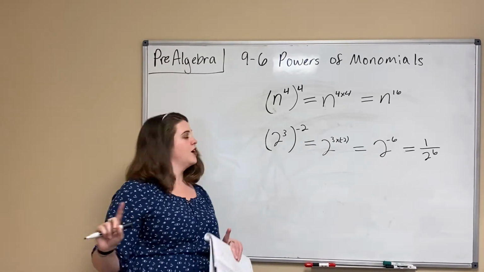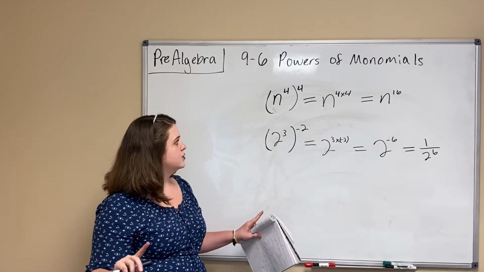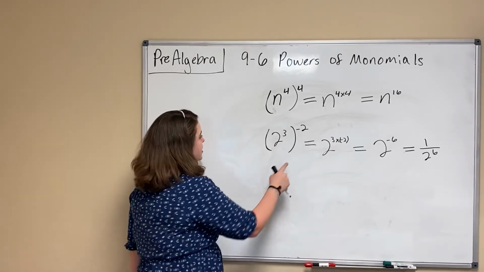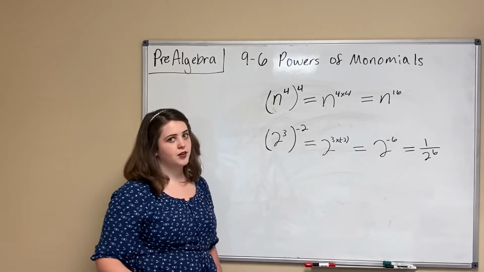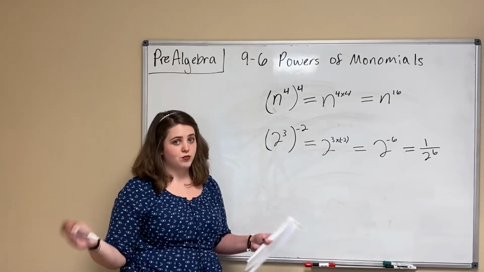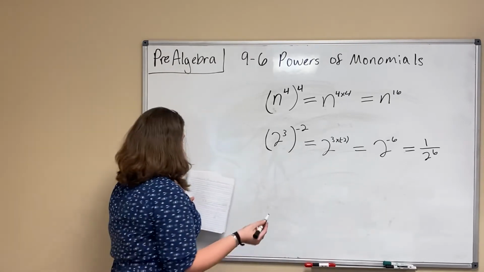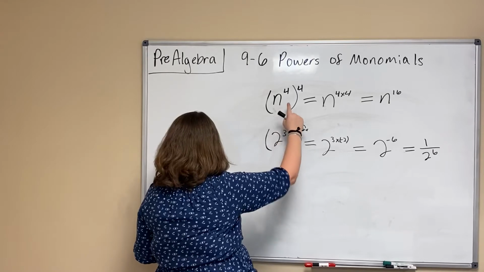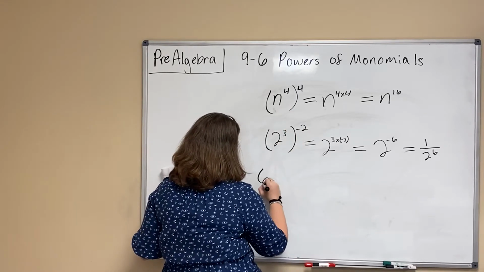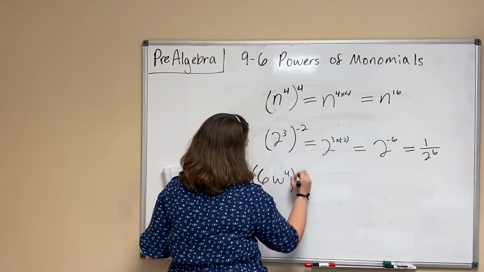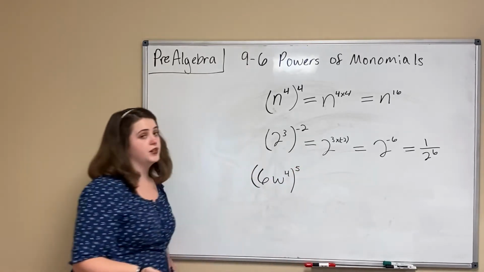One last layer of complication we're going to have is what happens when we're raising something to a power, but what's inside the parentheses is a product of a few things. So like if instead of having just 2 to the third or just n to the fourth, what if I had 6 w to the fourth raised to the 5th.